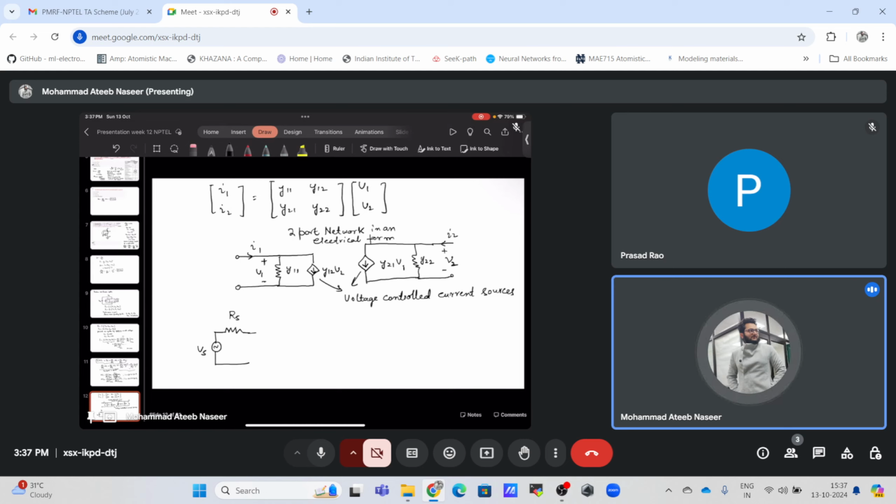I have attached an input signal which has resistance Rs associated with it, and this will be our Y11. This will be our Y12 V2. This is I. This is Y21 V1.